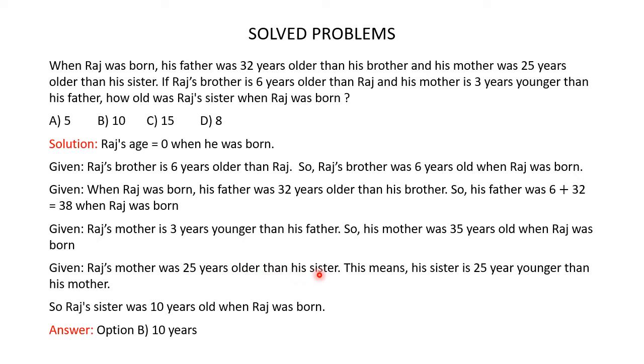This means his sister is 25 years younger than his mother. Now, Raj's mother was 35 years old when Raj was born. So, his sister was 10 years old when Raj was born. The correct answer is option B, 10 years.